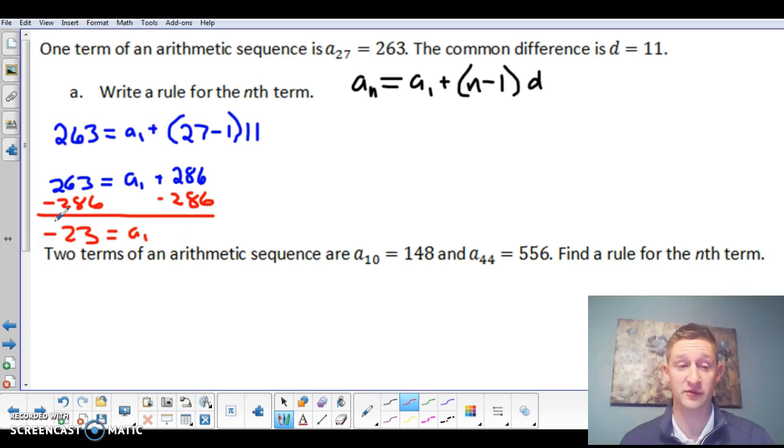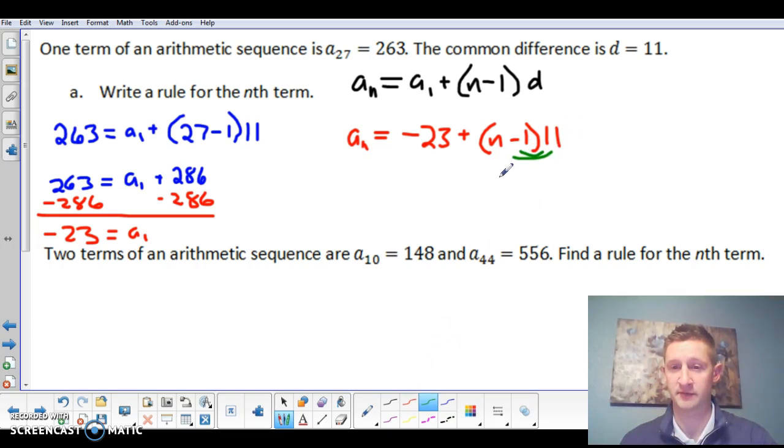So now that I know the first term and I know the common difference, I can write my equation in the correct format. So my answer initially would be this. A sub n is equal to the first term, negative 23, plus n minus 1 times d, the common difference, which again is 11. Then cleaning that expression up, distribute the 11. The 11n minus 11.